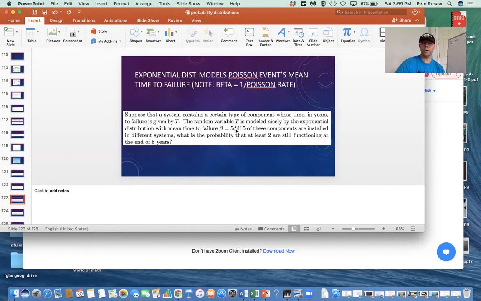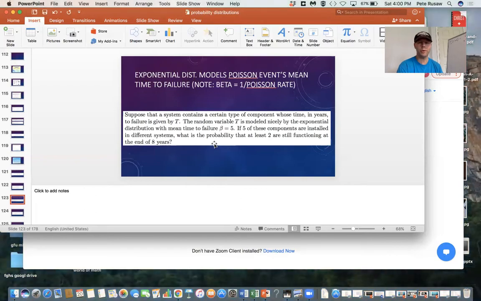And then they actually give us a second part to this question. I often put a question like this on exams, so you might want to put a star on this. There's a second part that says, if 5 of these components are installed in different systems, what is the probability that at least 2 are still functioning at the end of 8 years? So that question is actually a binomial probability question with n equal to 5 and x equal to, well, it says at least 2, so that would be 2 or more.